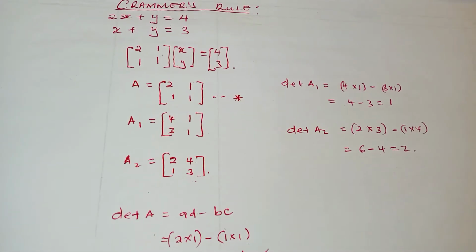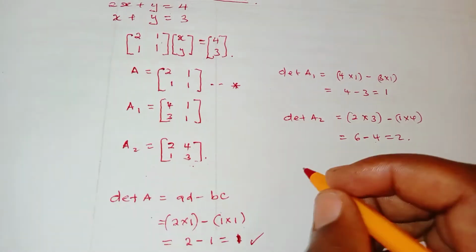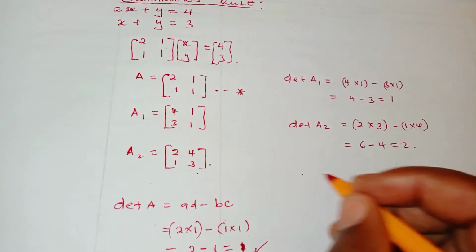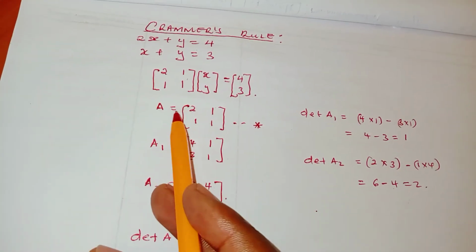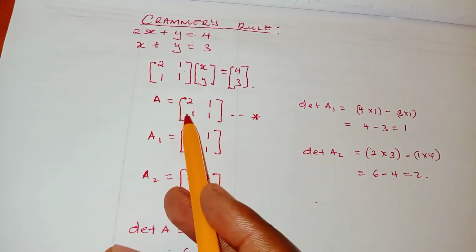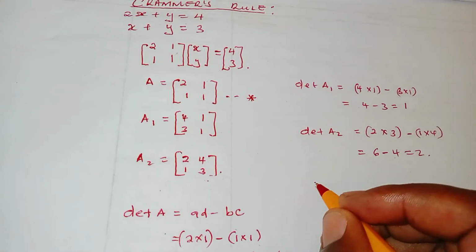So what are we going to do with these determinants? We take the determinant of the matrix A and write it in the denominator, and this is how we solve for the value of x.